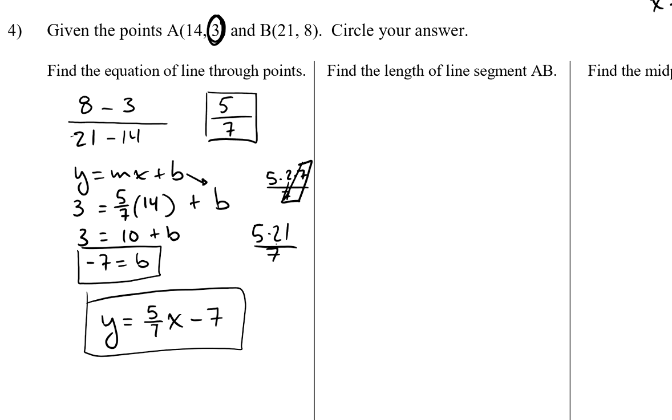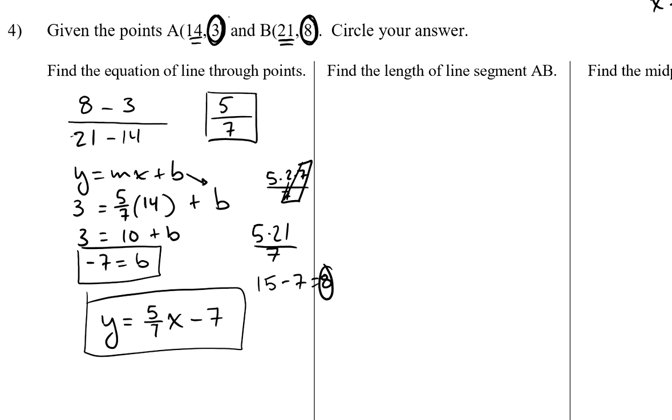So what I have here is 15, and y should be 15 minus 7. And when I take 15 and subtract the 7, I get 8, which is perfect because that's what y should be. That was a little convoluted. But anyways, when I plug the value of 21 into this equation, it gives me 8, and when I plug in the value of 14, it produces y as 3. So this is clearly the equation that goes through those 2 points.